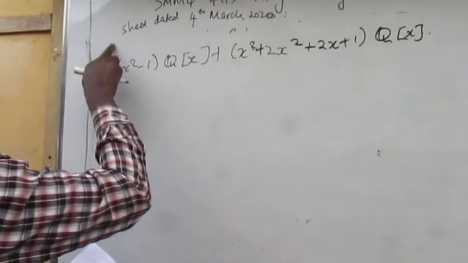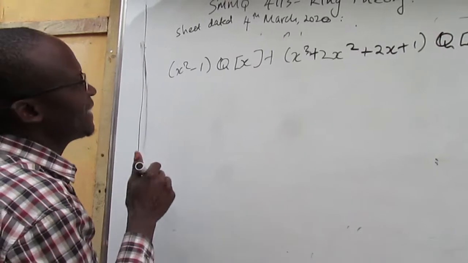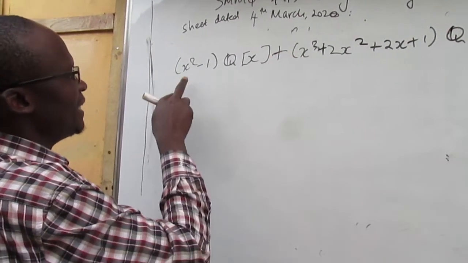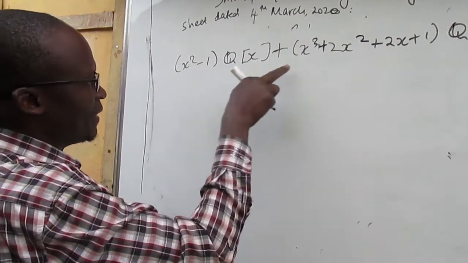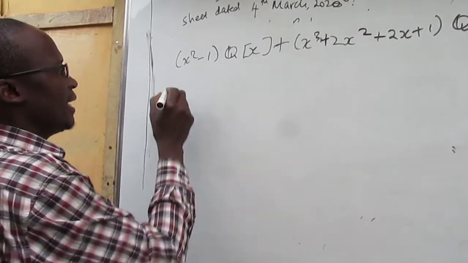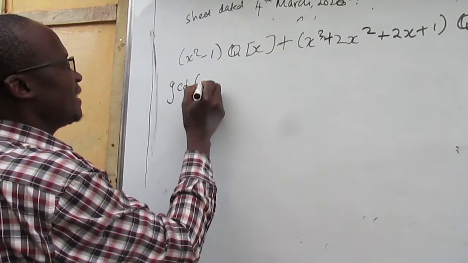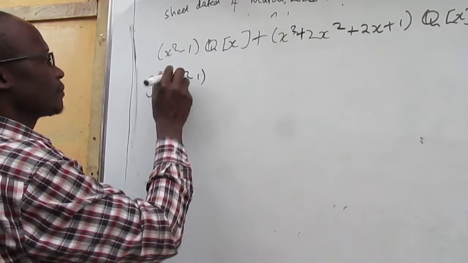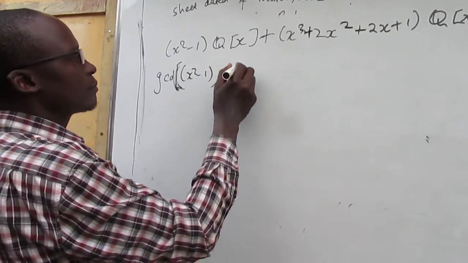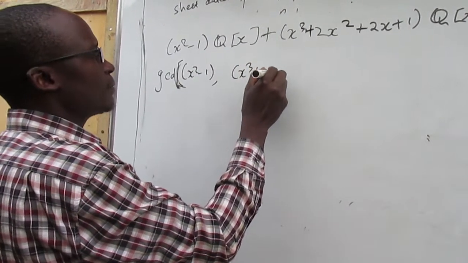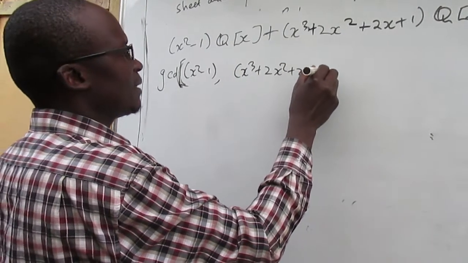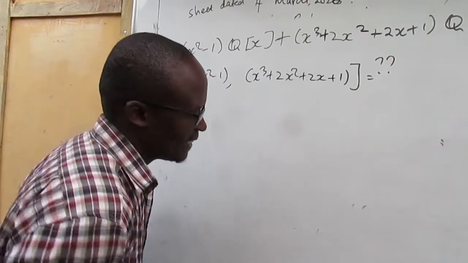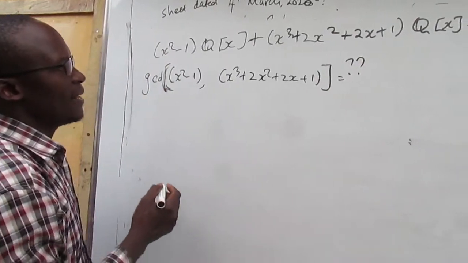We know from previous lessons that the generator of this ideal is nothing but the GCD of the generators of the individual ideals. And so what's the GCD of x squared minus 1 and x cubed plus 2x squared plus 2x plus 1? Now to find the GCD, we'll make use of the division algorithm.